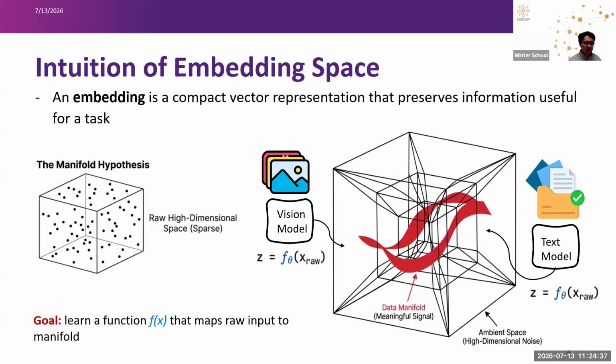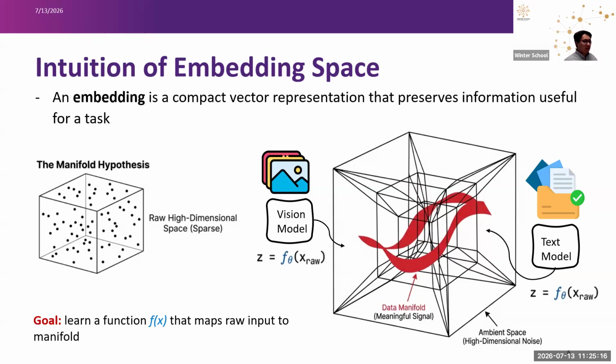Instead of simply doing statistical counting, we imagine an arbitrarily giant space, and we want to find a representation of our data, like the red ribbon here, which we call a manifold. We assume the data all lie on this data manifold, which is most useful for human interest.